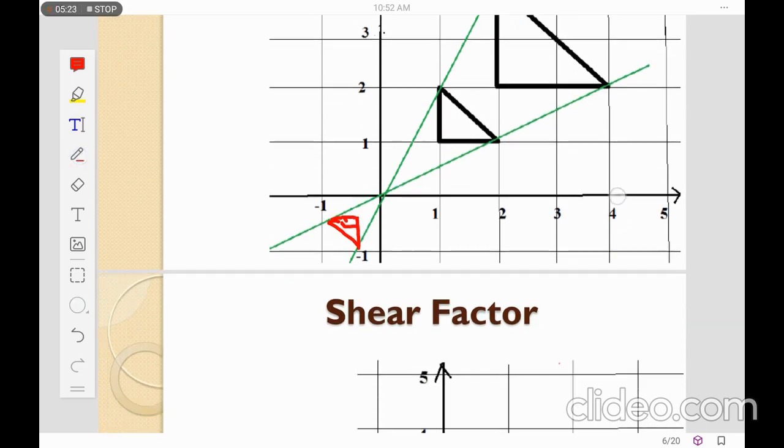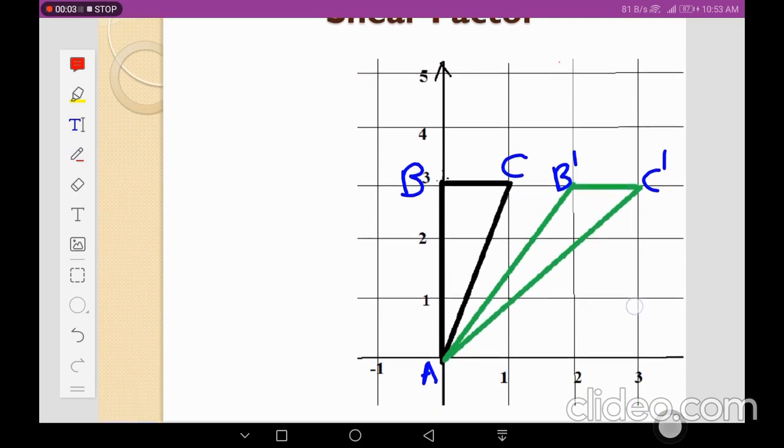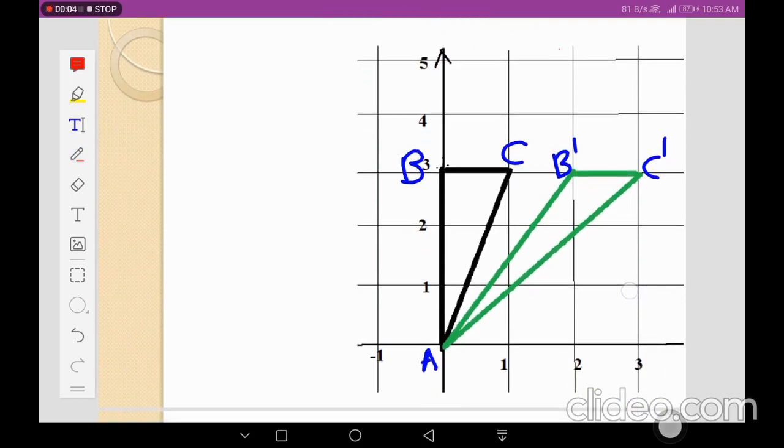Okay, let's look at shear. When we are looking at shear, to get the shear factor, we say our shear factor is K. This one is the initial image.